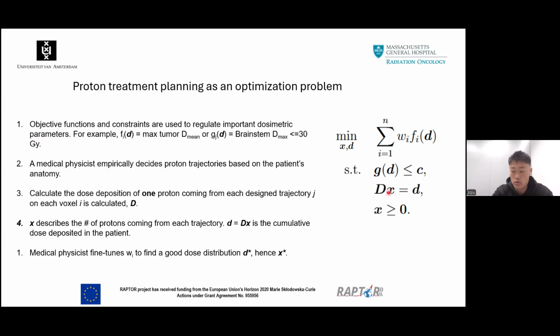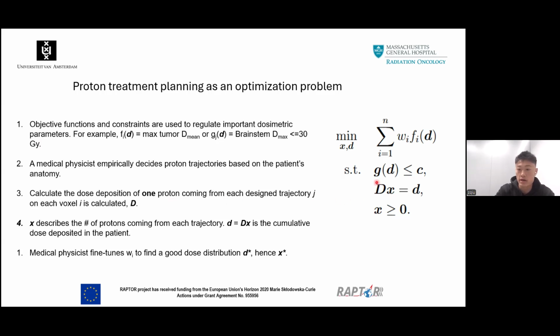And what I want to emphasize, and that's the most relevant thing for today, is this equality constraint. We use this equality constraint to build a linear relation between the dose distribution and the number of protons from each direction. This D matrix basically tells you, if we shoot one proton from each trajectory, how much energy that proton will deposit.